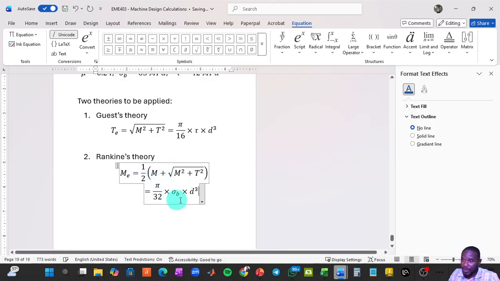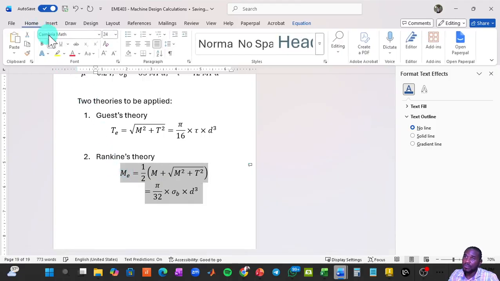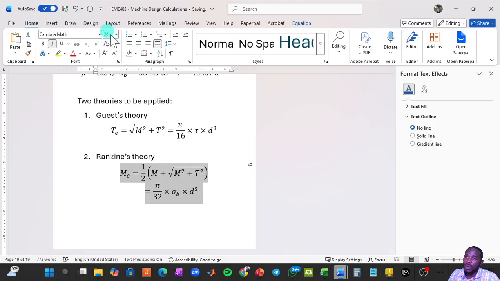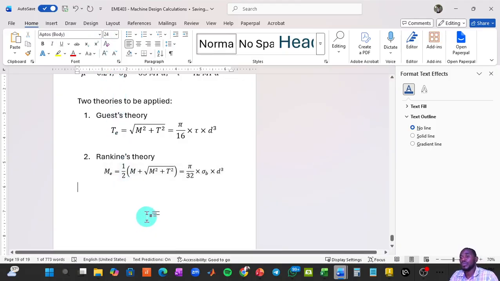I think I should make this smaller so it all fits in there. Good. So these are the two theories we will apply, and our aim is to determine this value. So we will start with Guest's theory and walk through them.